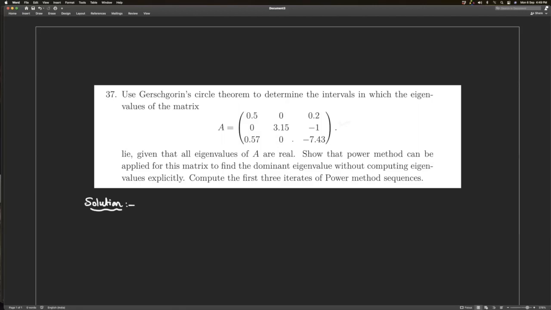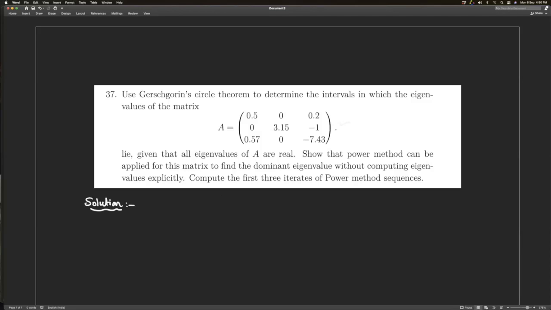So you anyway have to choose a correct x naught, but the other two hypotheses can be checked somehow without explicitly knowing the eigenvalues. That is the question. And once we do that, compute the first three iterations of the power method sequence. Here, it has not been given what initial guess we have to keep. That is, x naught is not given in this problem, but we will take some x naught as per our choice. But let us start with the first part.